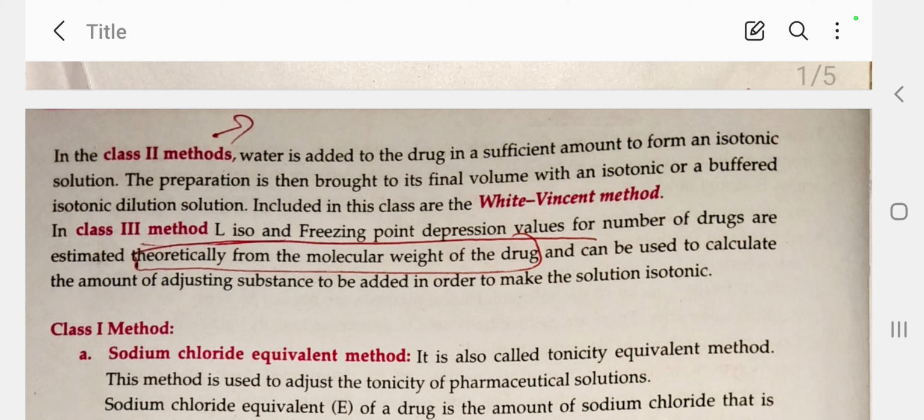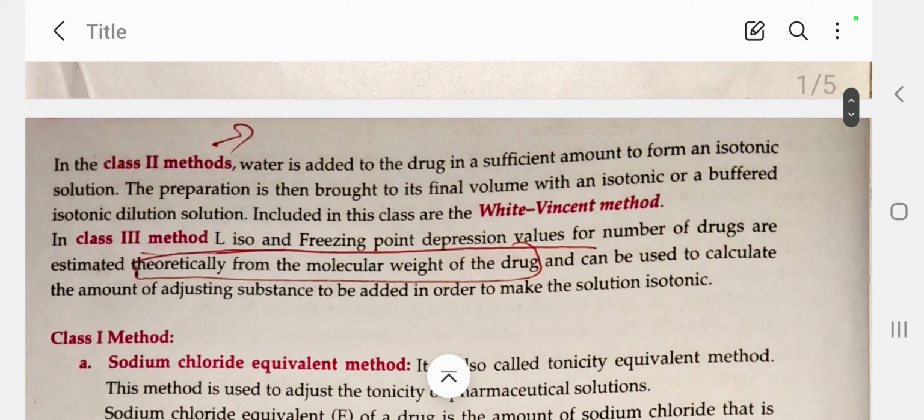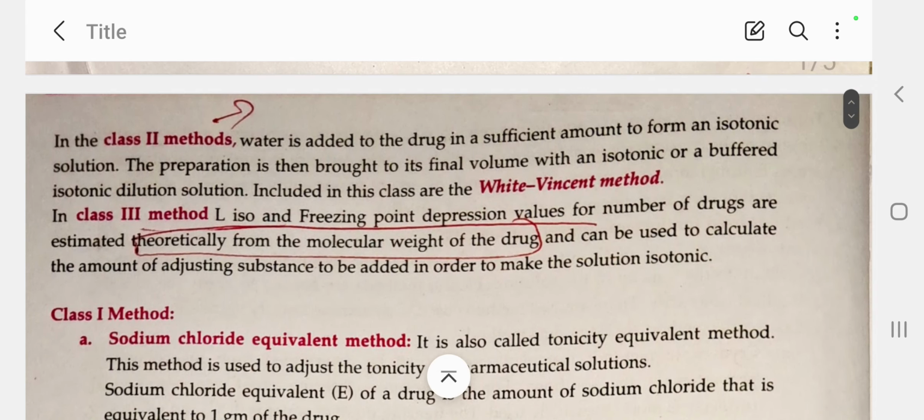Using this method we can adjust the tonicity theoretically from the molecular weight of the drug, and it can be used to calculate the amount of adjusting substance to be added in order to make the solution isotonic. So depending upon the molecular weight, we can adjust the tonicity and pH.